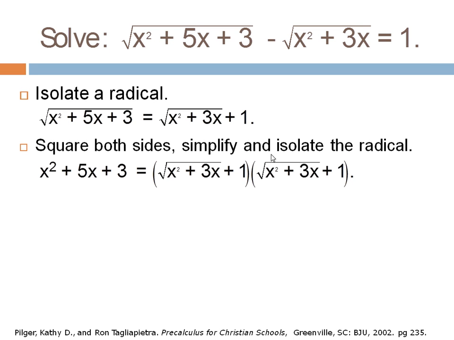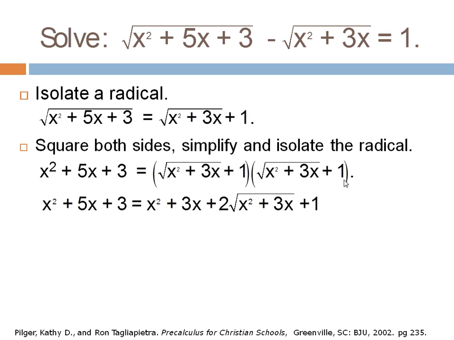So when you multiply those, the square root would cancel with the squared. Then multiply here, here, and then last you would do 1 times 1. So again, these two terms come from multiplying the first here times this first. Multiply this times 1 and this times 1, so you have two of those, and then 1 times 1.